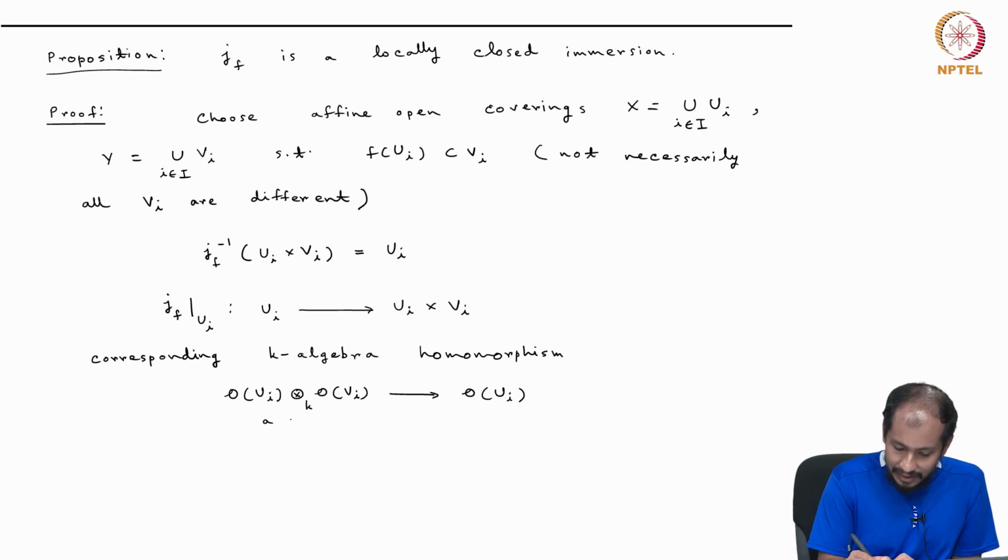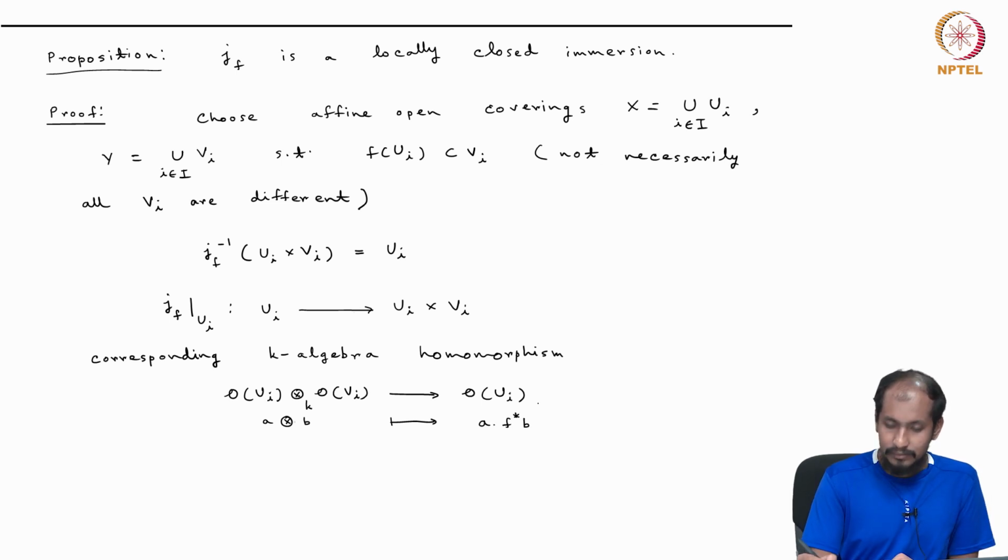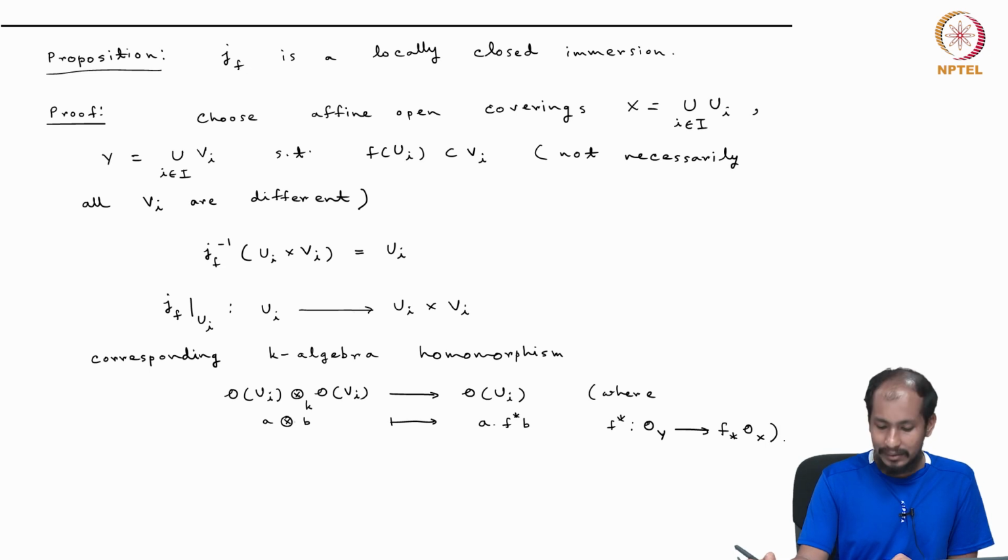This is given by a tensor b going to a times f star of b. What is this f star of b? It is the morphism from O_Y to f lower star O_X.